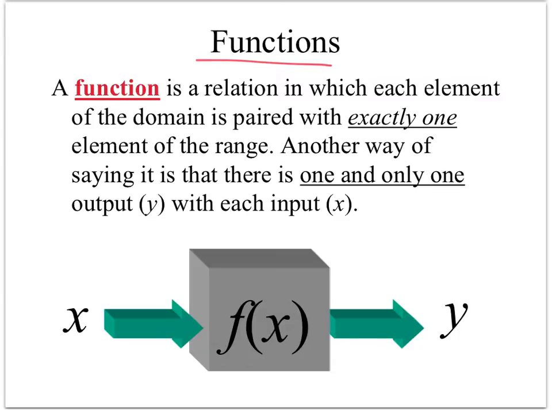So that is your definition of a function. This right here is the key word: it goes to one and only one output. Each input goes to one and only one output. Now, if you have a relation where the input goes to two or more outputs, then that relation is not a function.